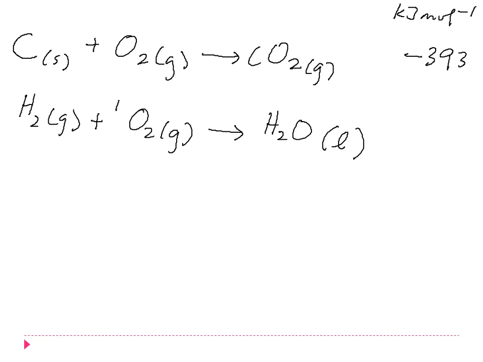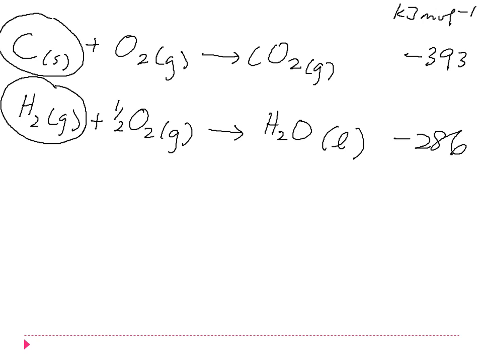It has to be half of O2 over here, and this one is negative 286. Notice that for enthalpy of combustion, the one that is combusted must always be 1 mole. This one must always be 1 mole.